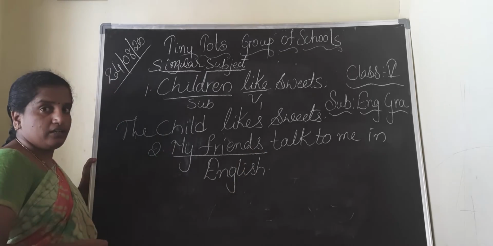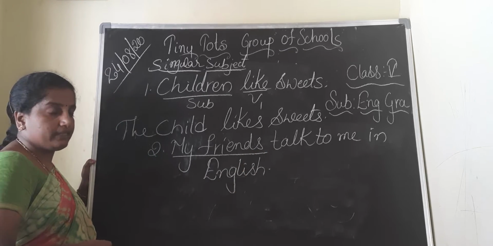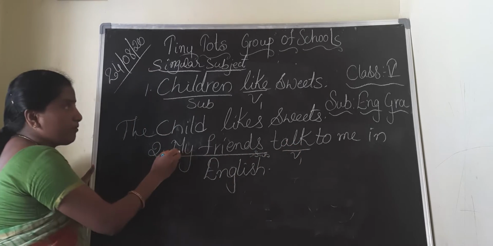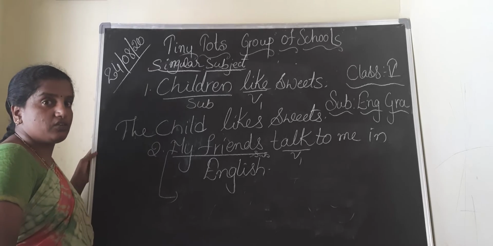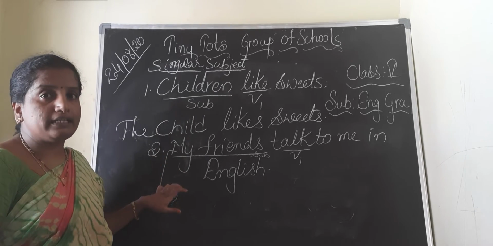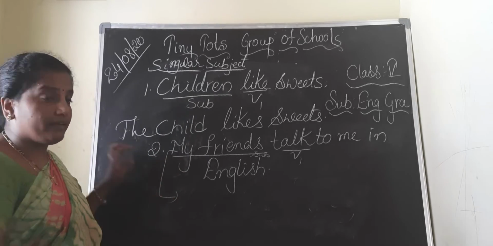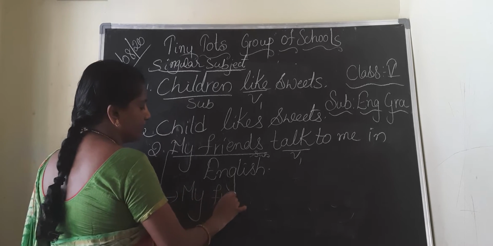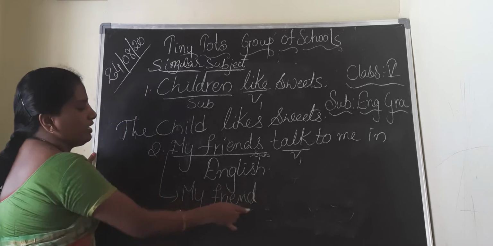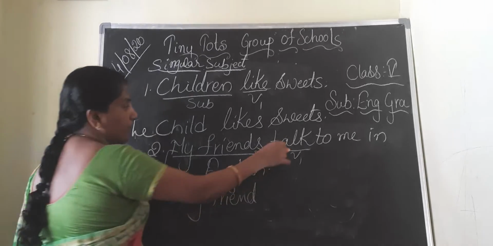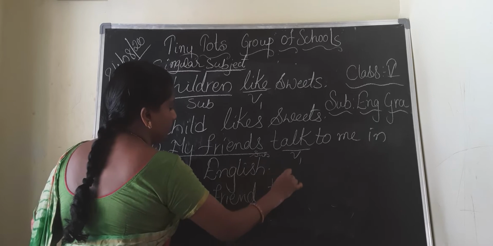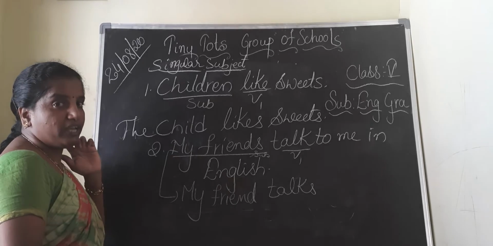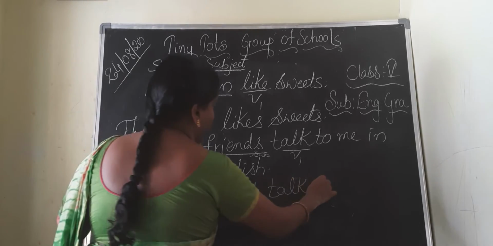My friends is the subject. Talk is V1. When I change this plural subject into the singular, my friends becomes my friend. My friend is singular. When we use the singular subject, automatically we have to change the verb. Talks. We have to add s with the verb form. To me.